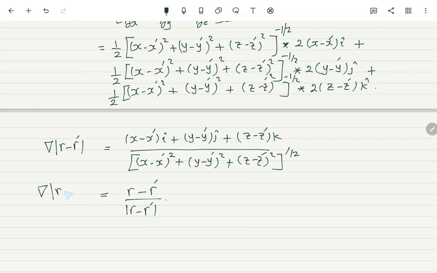Gradient of the magnitude of r − r′ is equal to r − r′ divided by the magnitude of r − r′. This has to be a vector. And this result here is actually the unit vector in the direction of r − r′.